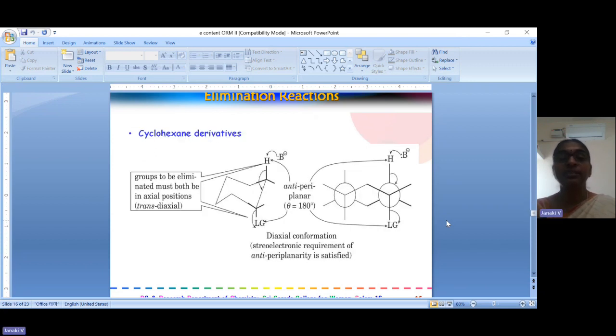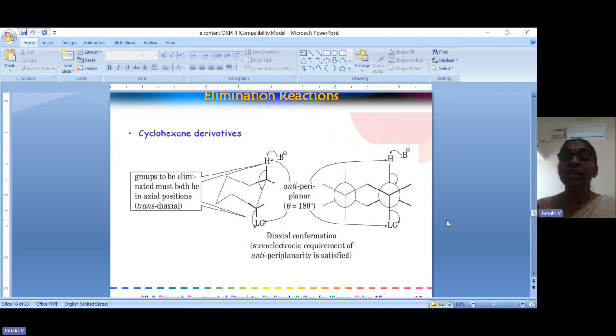And the next one is cyclohexane derivatives. The cyclohexane derivatives also undergo an antiperiplanar orientation of the departing leaving groups, and it is satisfied only when the groups are in diaxial position, not in di-equatorial, equatorial-axial or axial-equatorial.